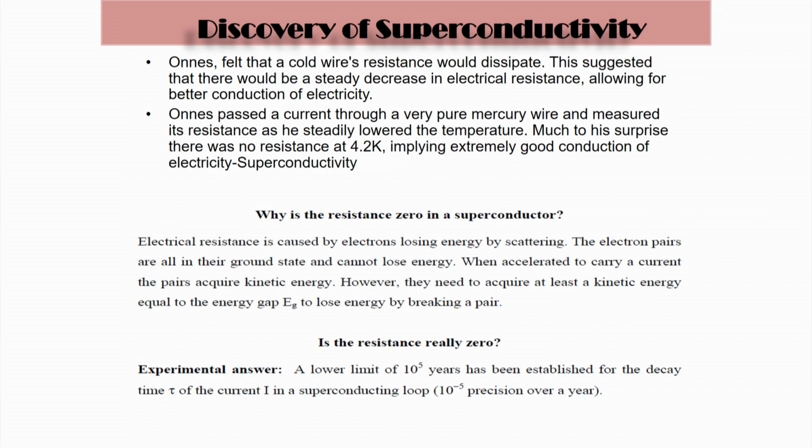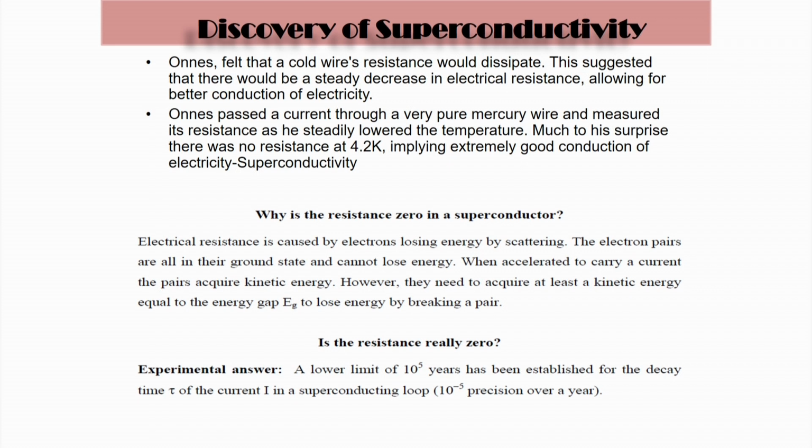There are several things that one had to take care of in experiments, and so Kamerlingh-Onnes felt that the cold wire's resistance also would dissipate. So, this suggested that there would be a steady decrease in electrical resistance, allowing for better conduction of electricity.